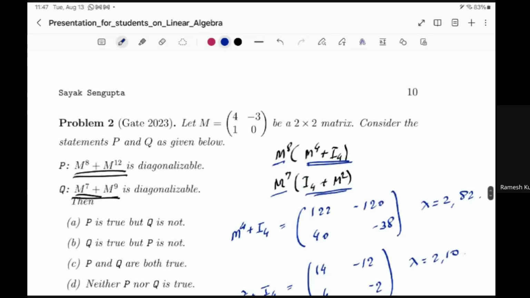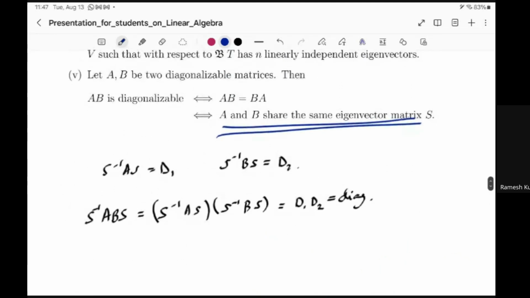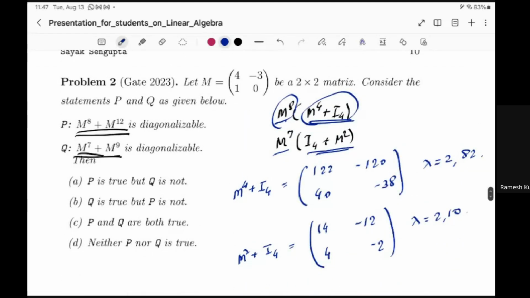Now, what have we concluded from all of this computation? We've concluded that this one is diagonalizable and so is this. And since these two matrices commute, we have by remark 5 on the previous page that the product must also be a diagonalizable matrix. Okay, and same thing goes for this one. They also commute. So that is also diagonalizable. So you pick C.